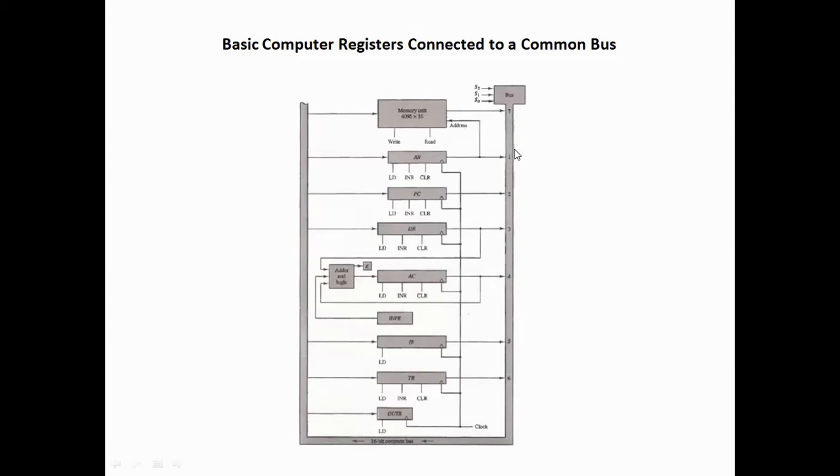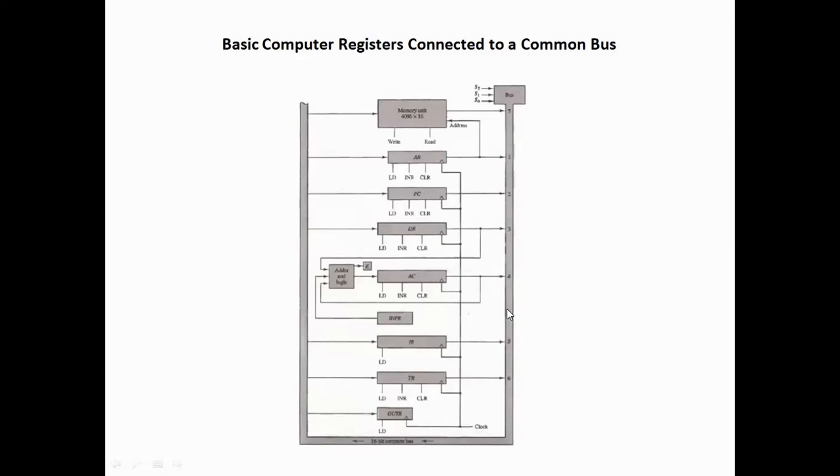For example, if it is made up of multiplexers, there will be some selection lines that will control which of the registers can use this bus. For example, there are 3 selection lines here, because there are 8 registers. 8 registers need 3 selection lines. If this selection line is 111, 111 means 7.